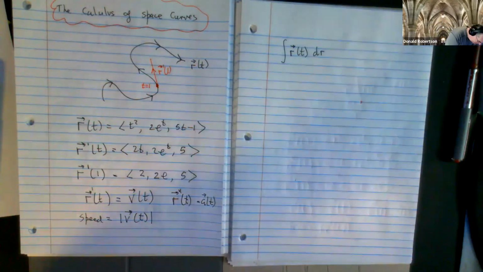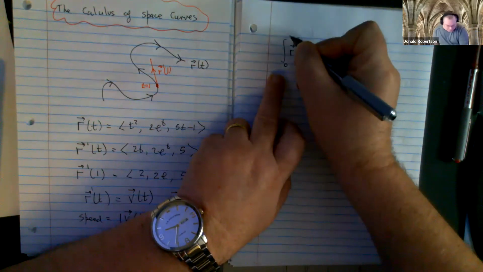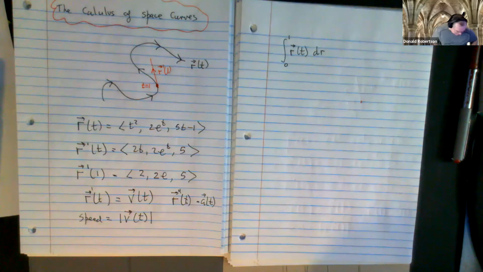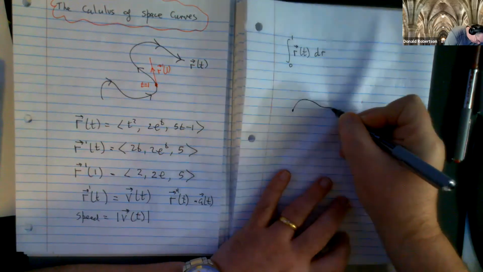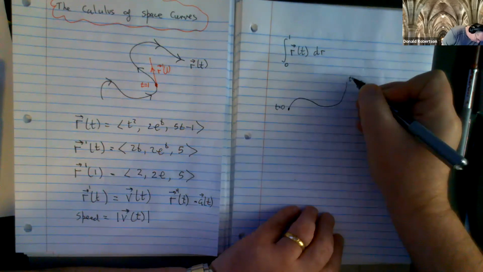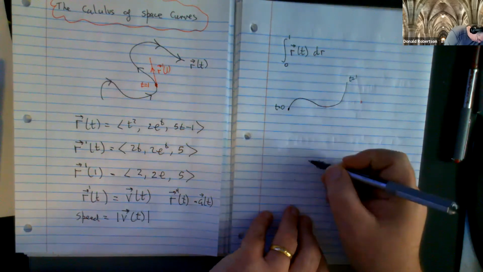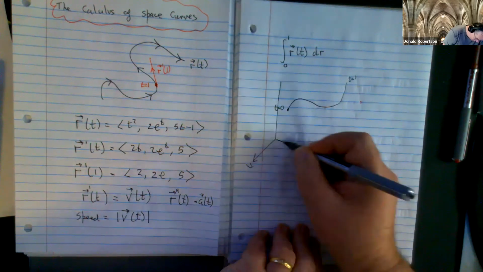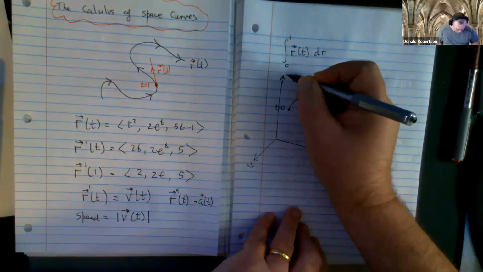And you're going to do it from, say, 0 to 1. And so I want you to imagine that I have a space curve. And at t equals 0, it's here. And at t equals 1, it's here. And put my little x, y, and z values on it.